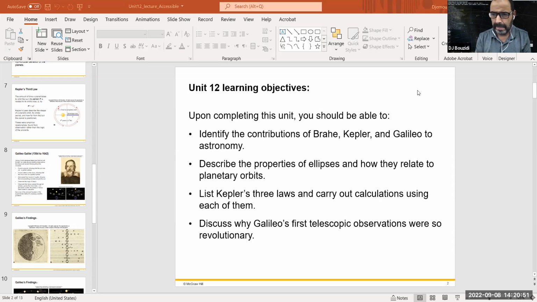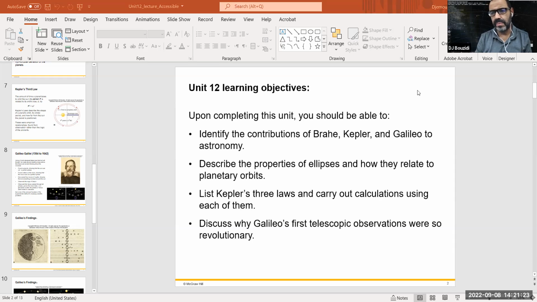Then Kepler came in later on and analyzed the data of Tycho Brahe. Tycho Brahe made all kinds of observations. He did observations night in, night out, on a private island near Denmark, tracking the positions of the planets, Mars, day in, day out, every night, throughout many years.